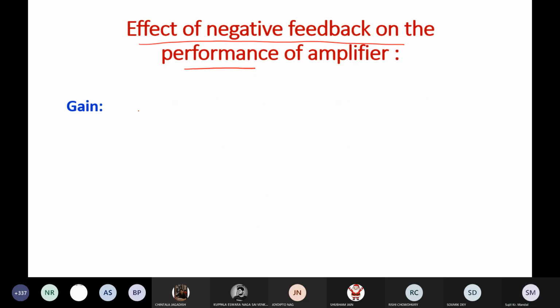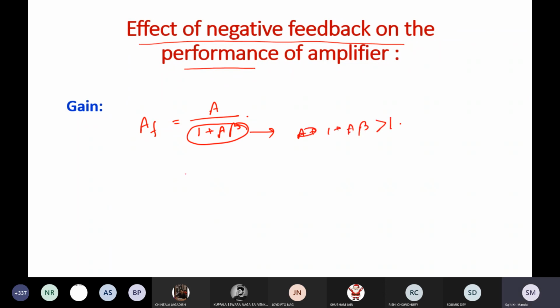Now let us see. First of all, if we see the overall gain with negative feedback that we already got, it is given by A divided by 1 plus A beta. As you can see here, in the denominator, this 1 plus A beta is greater than 1, which indicates AF is less than A. So it indicates that the overall gain of the amplifier with feedback is less than the gain of the amplifier without feedback.